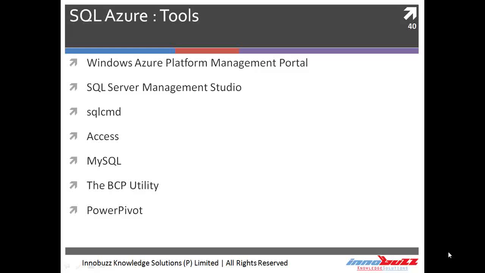Then comes the BCP utility. The BCP utility is a command line utility that ships with Microsoft SQL Server. It bulk copies data between SQL database and a data file in a user specified format. The BCP utility that ships with SQL Server 2008 R2 is fully supported by SQL database.